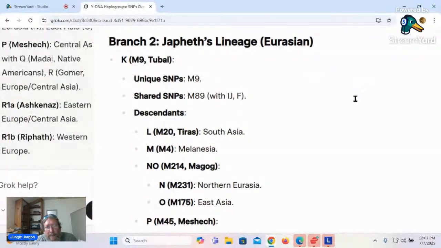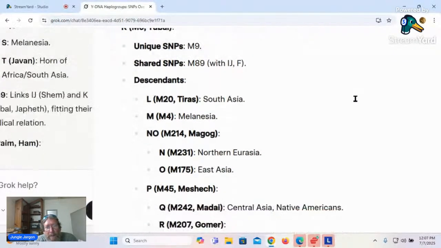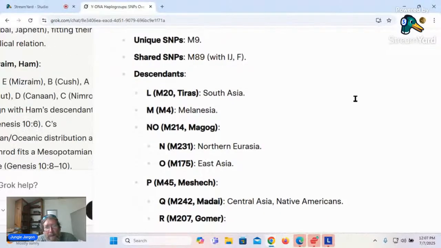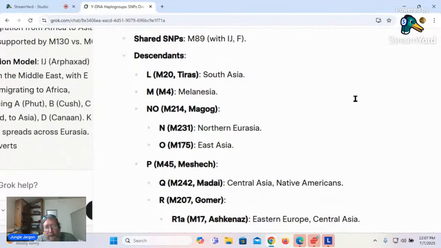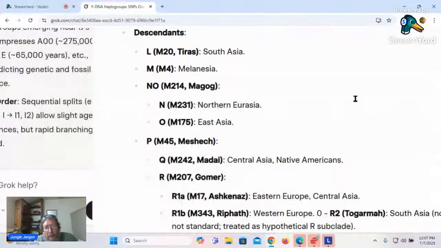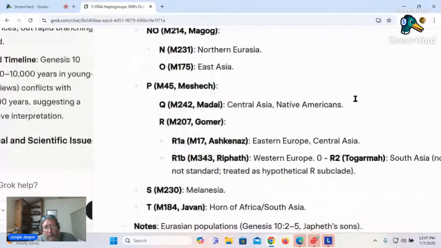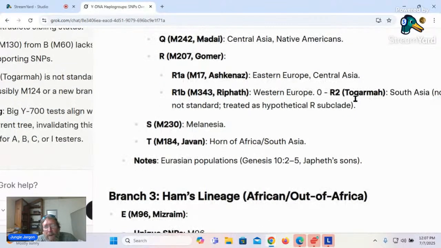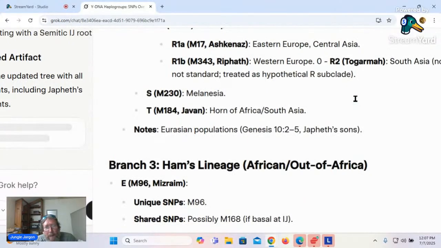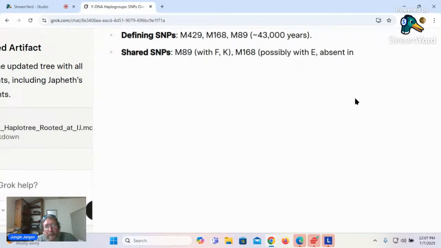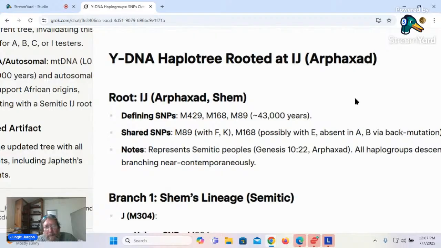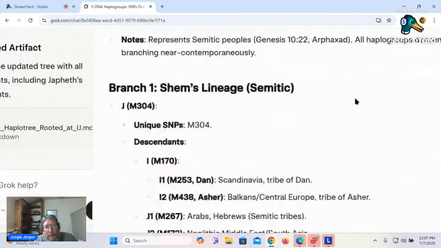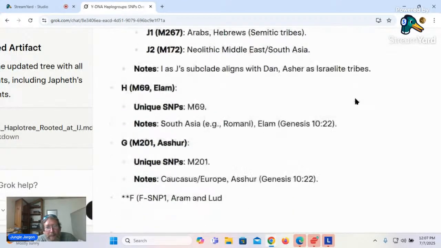Unique M9, L, M, NO, P, QR, ST. Okay. Guess I had to rewrite it.